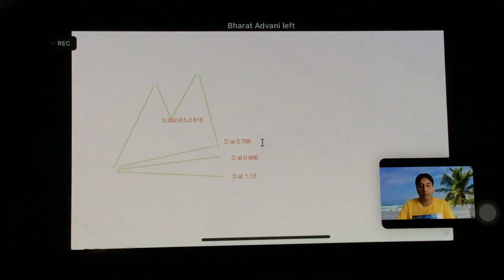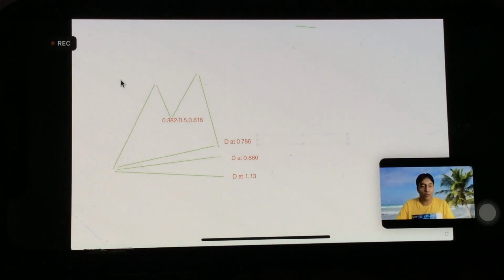So if D at 0.786 is matching the PRZ as per BC projection, because there will be no ABCD confirmation here. Why? X to A, if it's 0.5, then I can come at 0.786, 0.886 or 1.13. Then B to C, when I draw the Fibo, I will be looking for projection matching wherever it is.